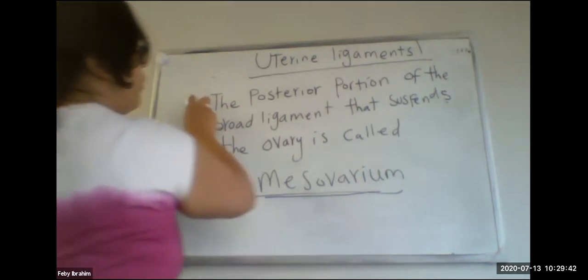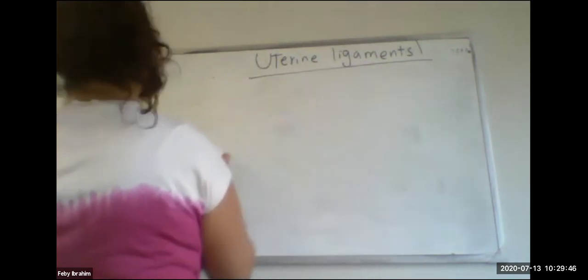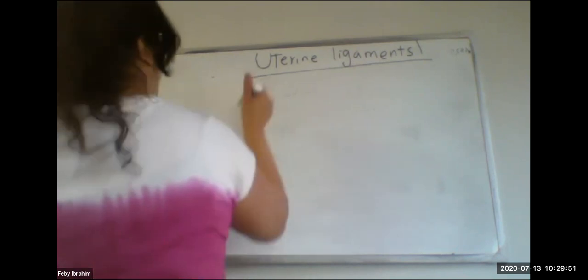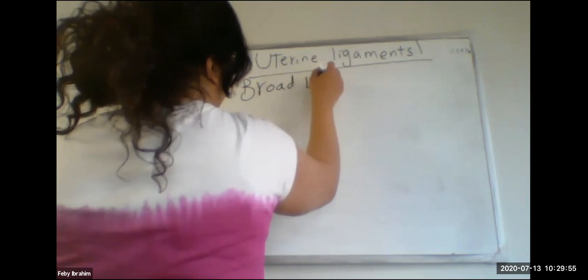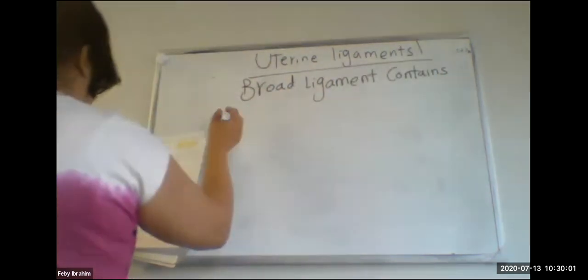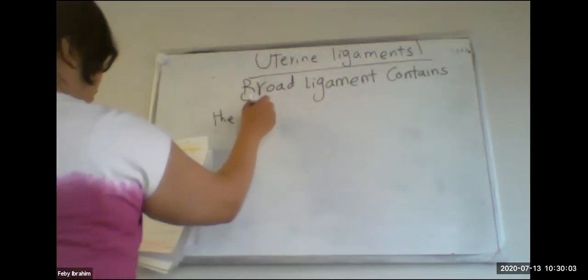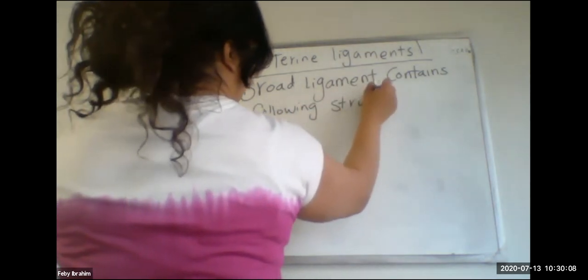And then write down: the broad ligament contains the following structures.